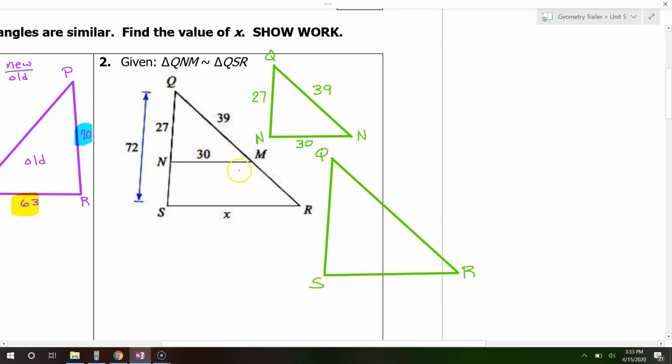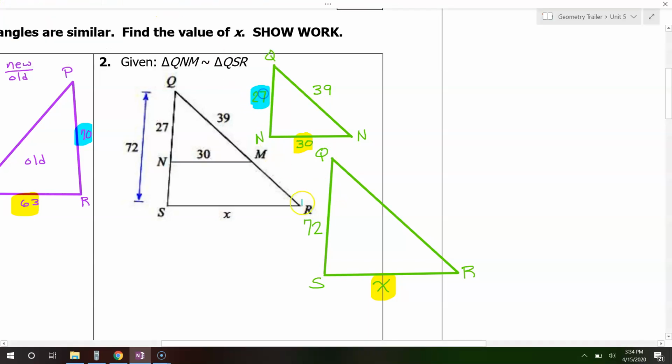Okay, now look at the big triangle. Side QS is 72. Got that big old 72 right there. And then I have X down here at the bottom. So let's match up our corresponding sides. The X and the 30 are in the same position, so they are corresponding.